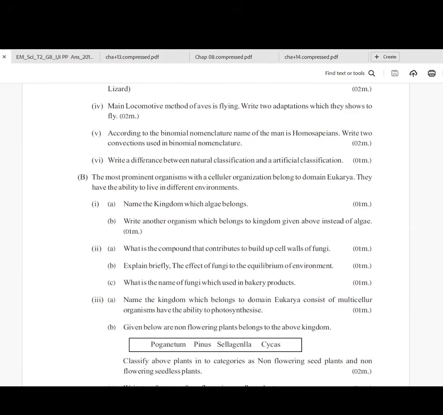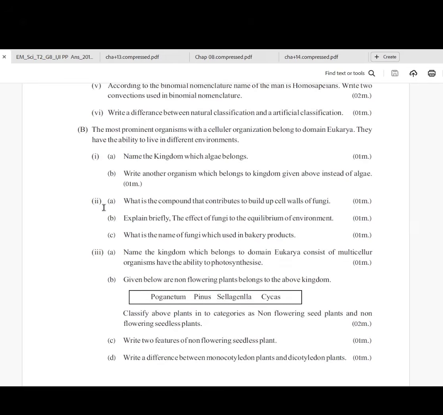Write a difference between natural classification and artificial classification.